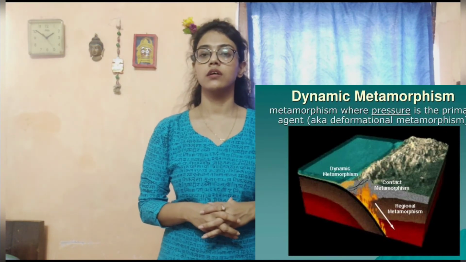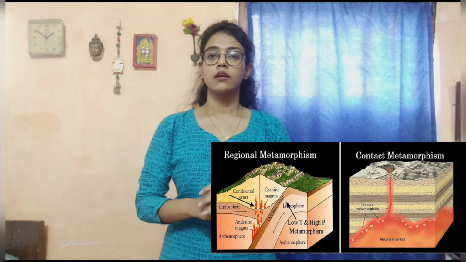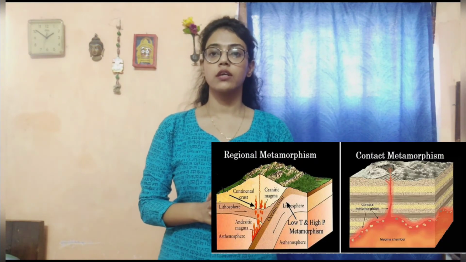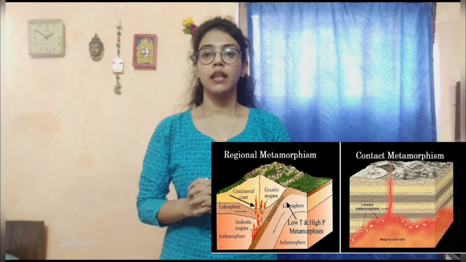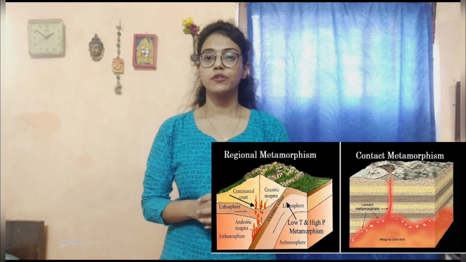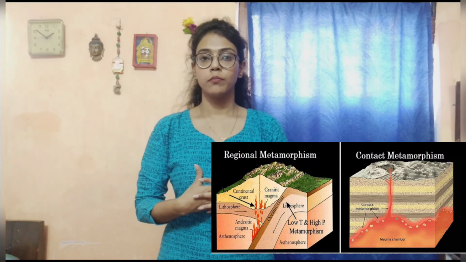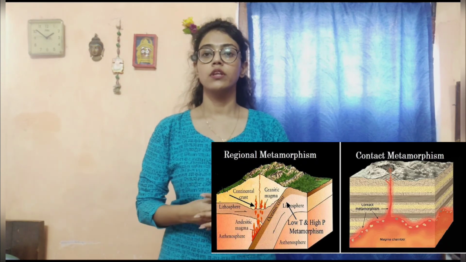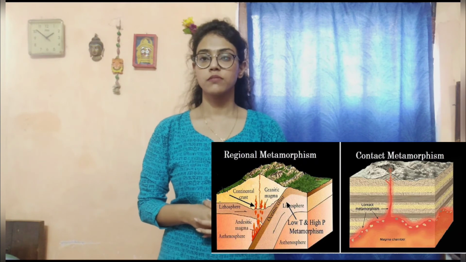And next is the contact metamorphosis. In this process, the existing rocks come in contact with the high temperature lava. These are baked and turned into the new rock. That is called the contact metamorphosis.